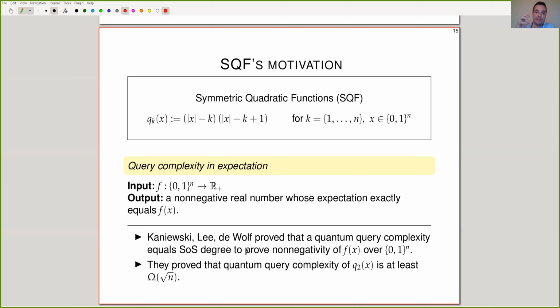And for this specific case of Q2, they prove that the quantum query complexity of Q2 of x is at least omega of square root n, and this directly translates into a lower bound for the degree of the sum of squares certificate to certify non-negativity of this polynomial Q2.